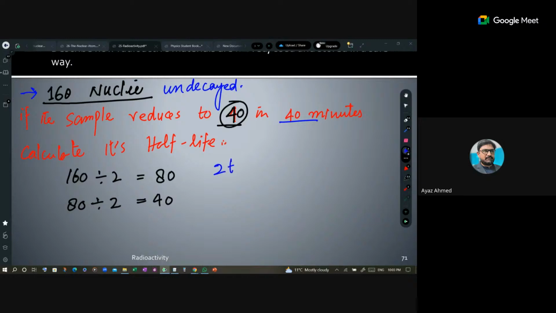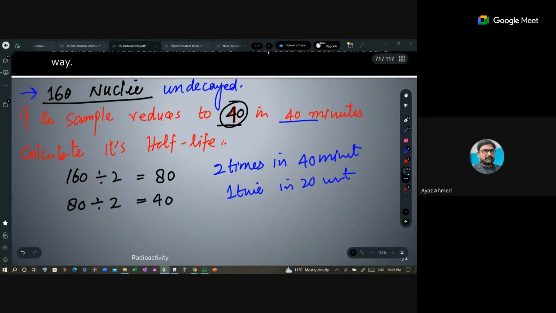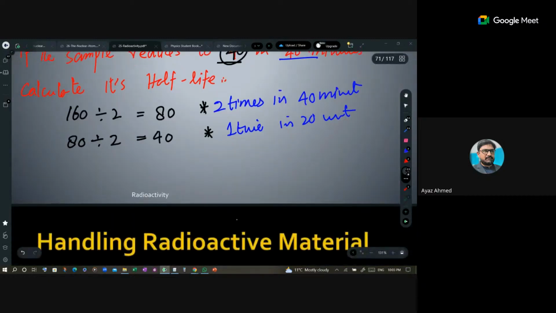So 2 times in 40 minutes means 1 time in 20 minutes. Are you getting this logical explanation? If it had decayed 2 times in 40 minutes, it means one decay had happened in 20 minutes. So its half life is 20 minutes, right?